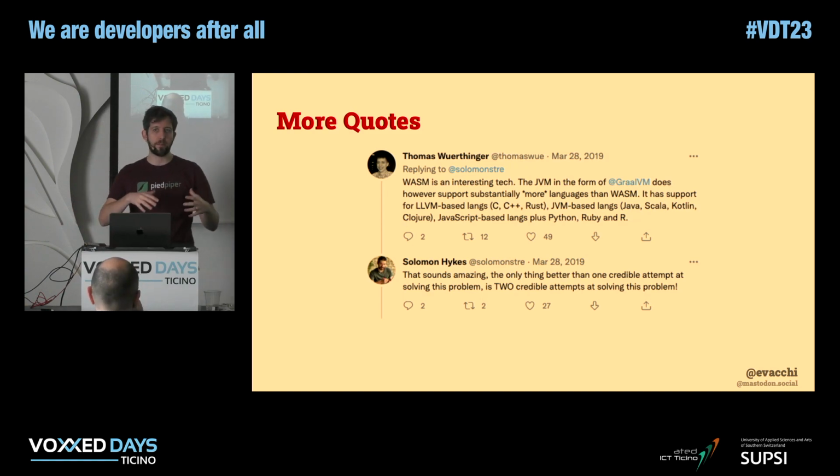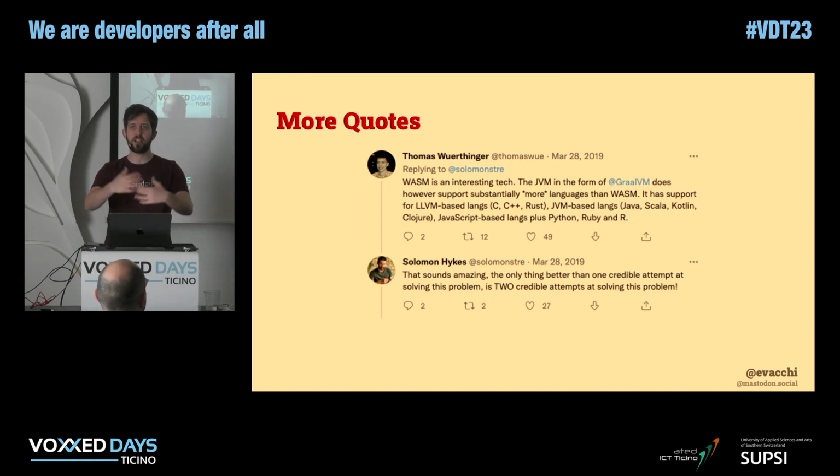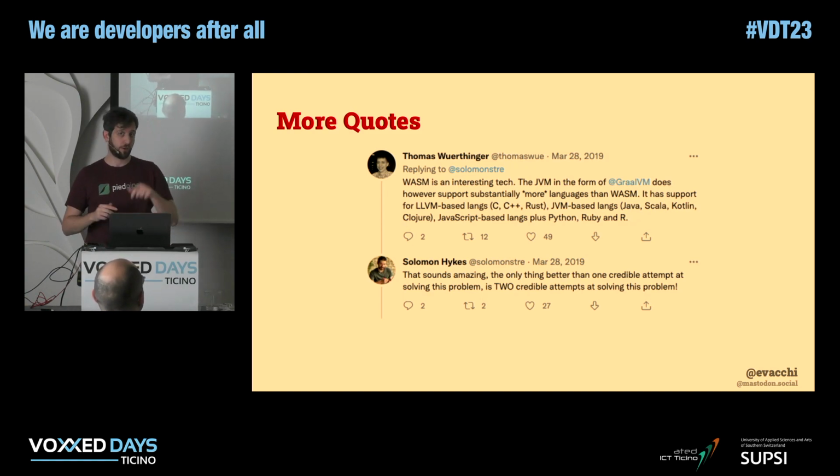Because GraalVM, among its collection of features, by the way, if you're not there, you're missing out because Alina's talk is very cool. But anyway, GraalVM supports running LLVM bitcode in an efficient way.